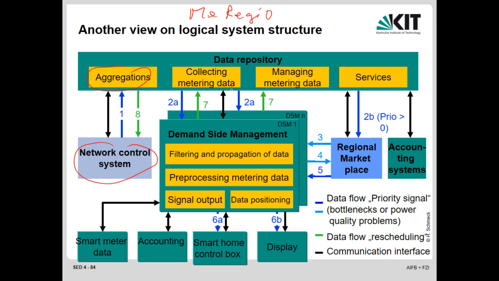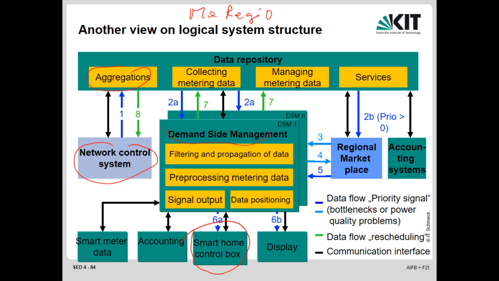We have our metering data, which is collected in the data repository. Such a request is sent to the demand side managers. The demand side managers would put information to the markets, then communicate with the markets, get selected, and would actually control the devices in individual buildings.